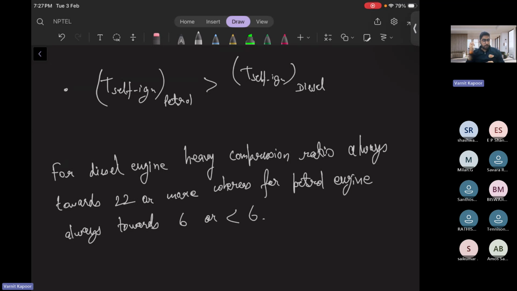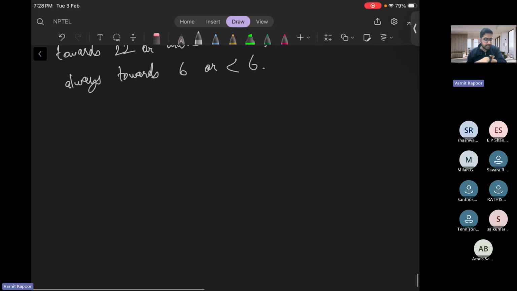That's why your high speed sports cars cannot carry a lot of persons, whereas your truck can carry a lot of load compared to high speed. Okay, so now let's make the diesel cycle.